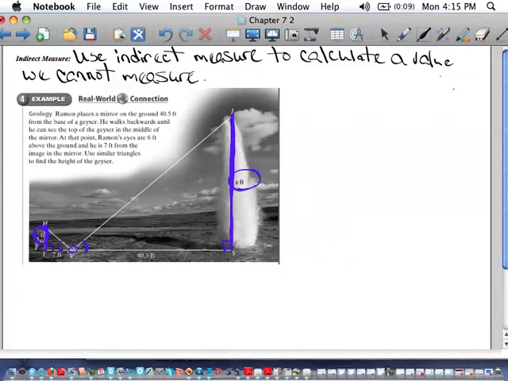Now we have the length that the person is from the mirror and the length that the geyser is from the mirror, or the base of the geyser. So I can set up a proportion that talks about the height of the person over the height of the geyser.